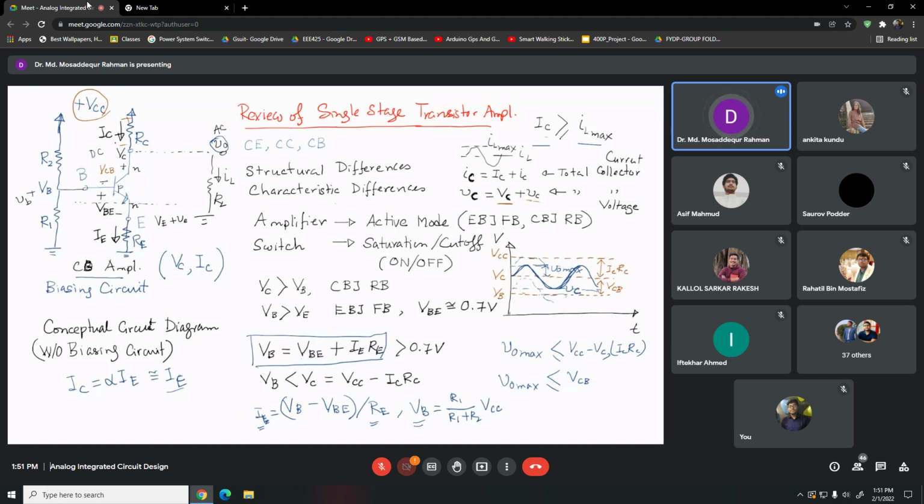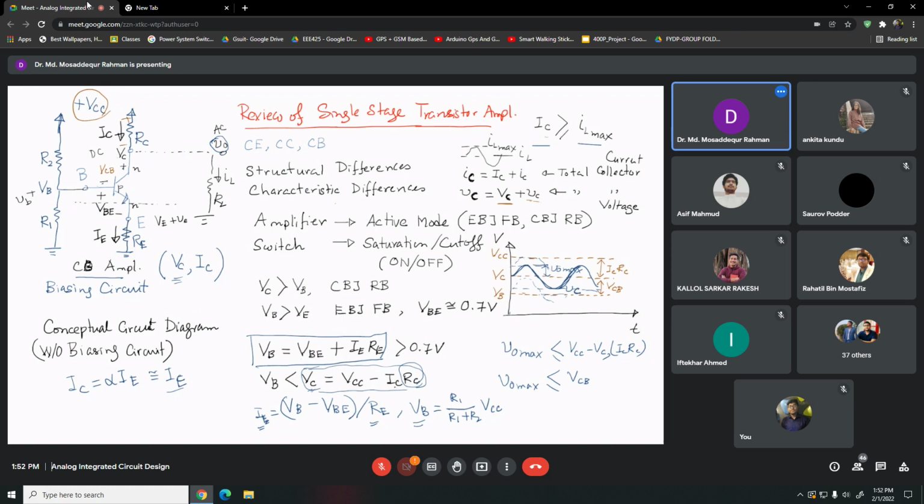You fix the value for IC. Once IC is fixed, and you know how much VC is needed, you use this equation here and find out what should be the value of RC, so that you get this value for VC, the collector voltage.